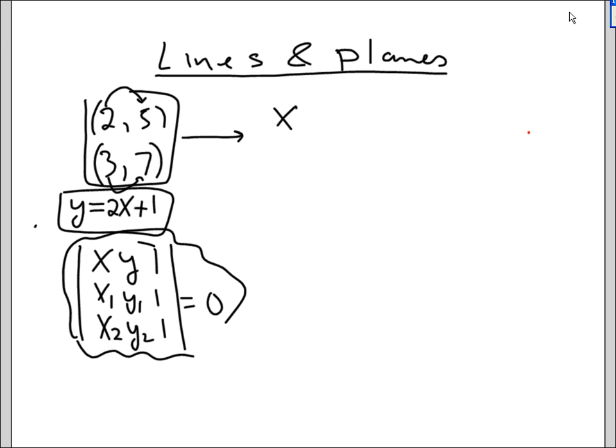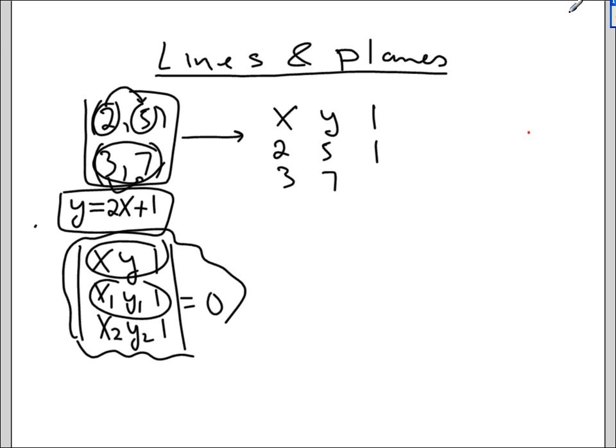First I write x, y, 1, and then I write x1, y1, 1, that's 2, 5, 1, and x2, y2, 1, that's 3, 7, 1.